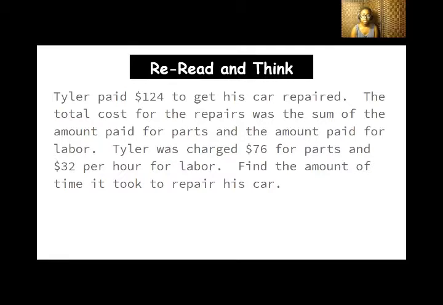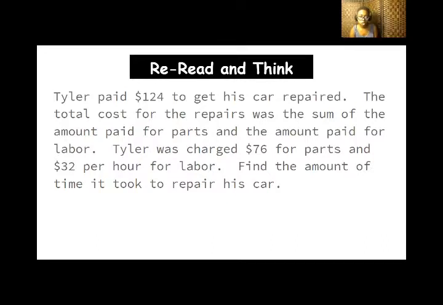But now we're going to think about it by just talking about the situation that's going on. So Tyler spent $124. I wish I was paying $124 for car repair. But he spent $124 total to get his car repaired.